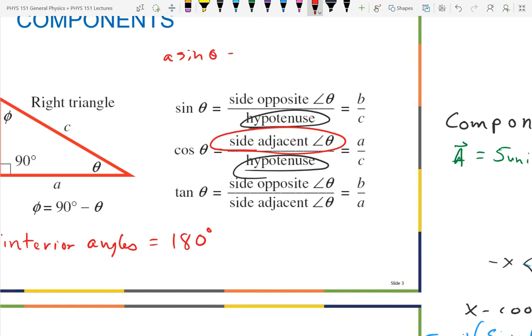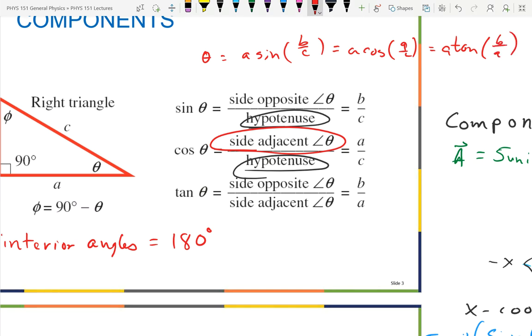theta is equal to arcsine of B over C, using the ABC definitions here, or arccosine of A over C, or arctangent of B over A. You could use any one of those.